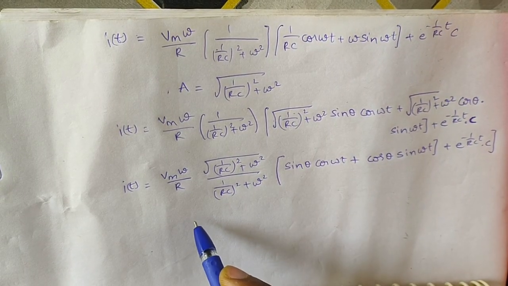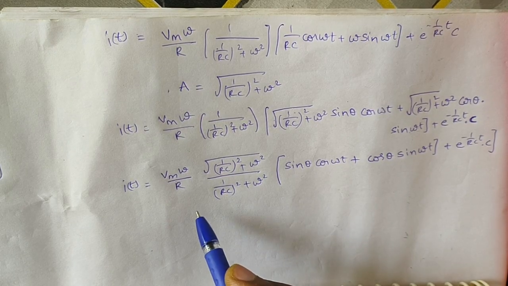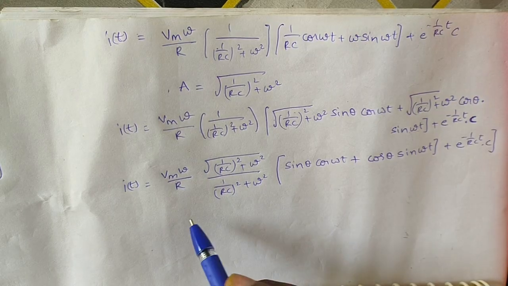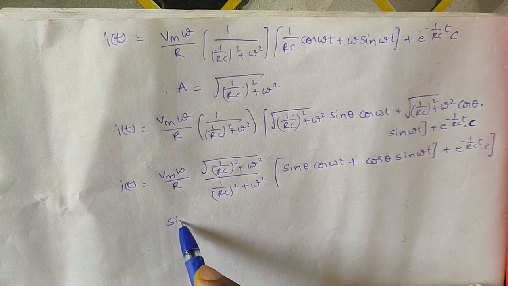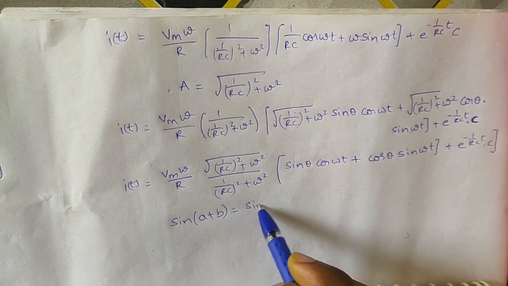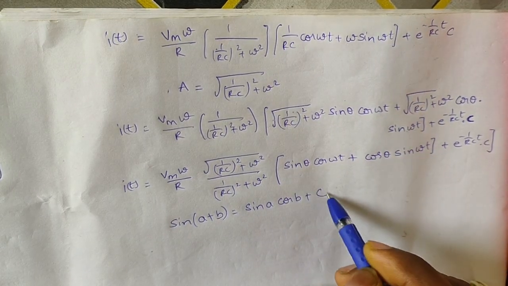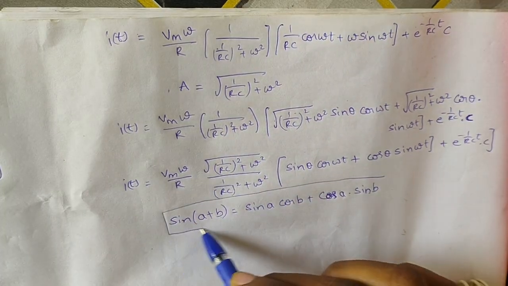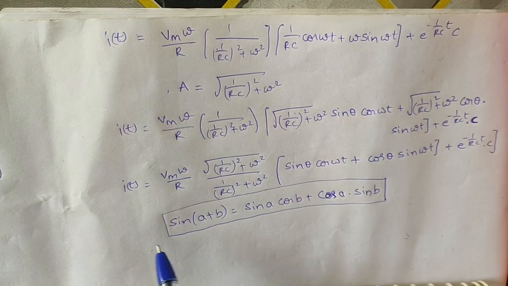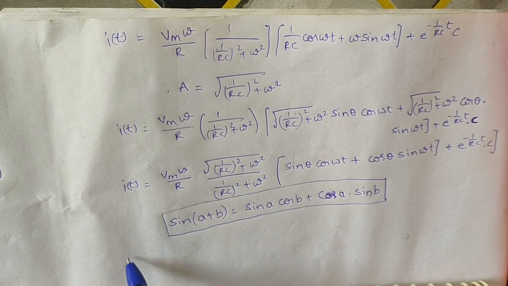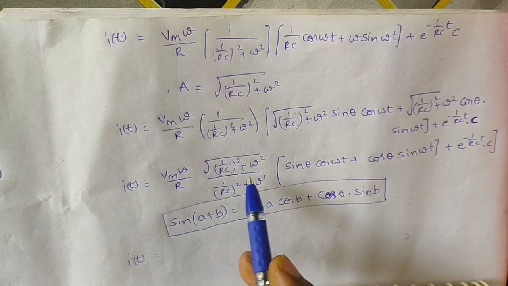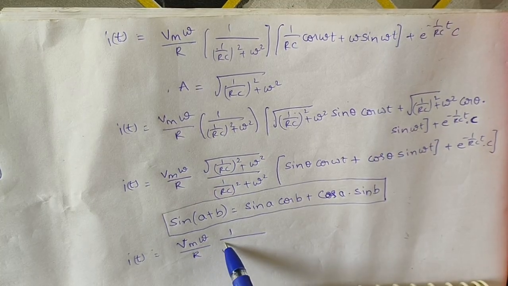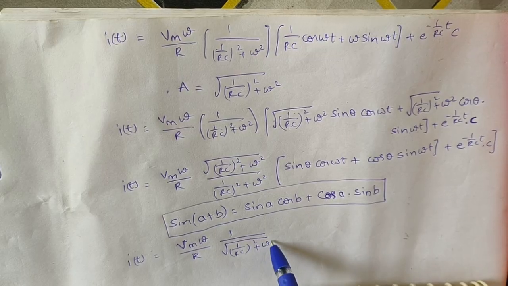So we know sin(A plus B) is equal to sin A cos B plus cos A sin B. Then I of t is equal to, we can write this as 1 by under root of (1 by RC) whole square plus omega square.